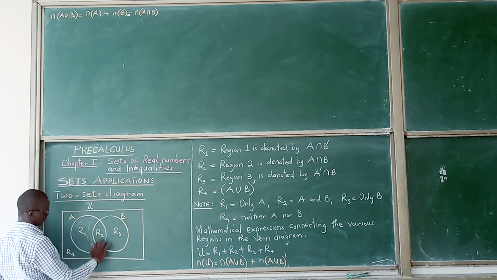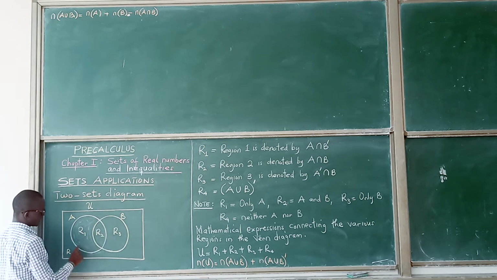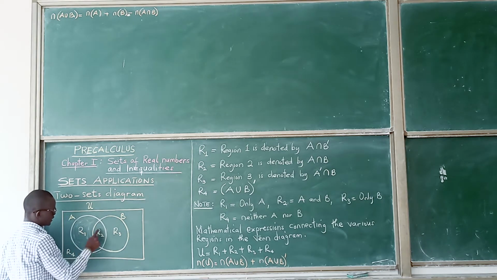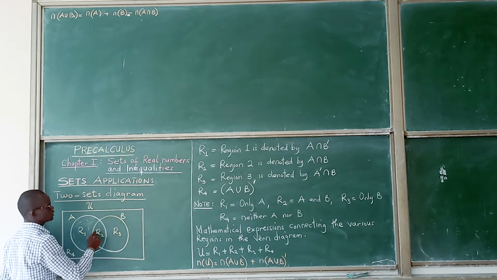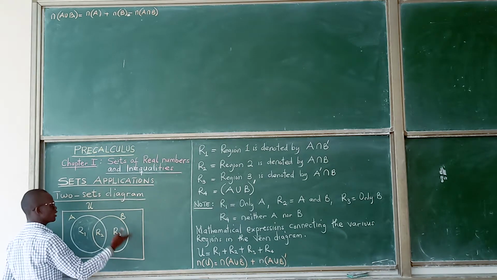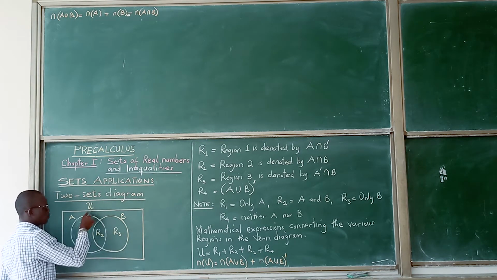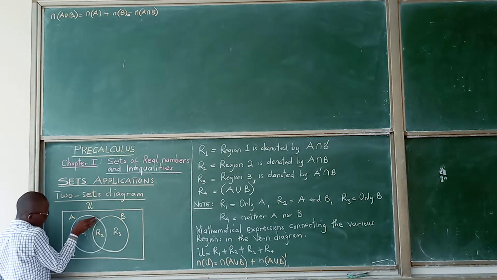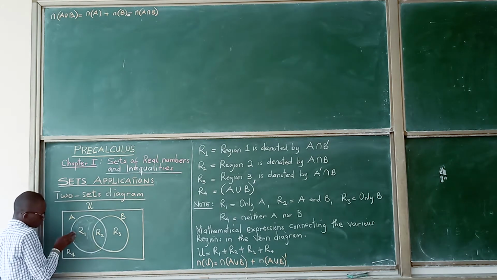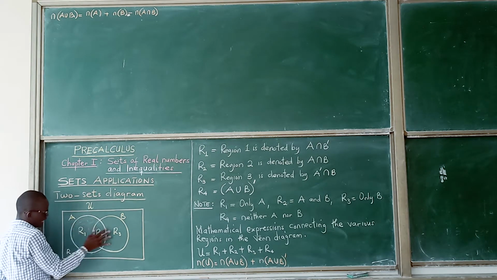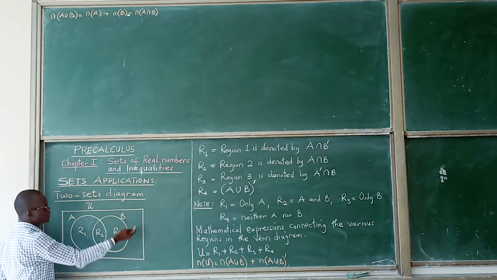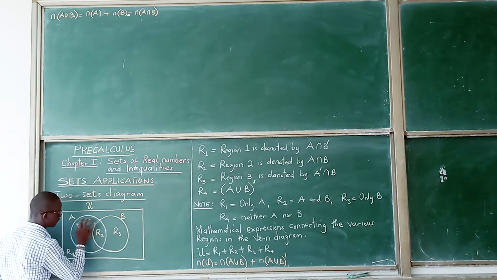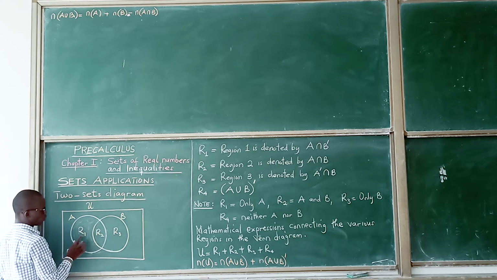This whole white circle is set A. This set A has intersected set B. But whenever you say B prime, it means all of those elements that are in the universal set but are not within B. Because we only want to name this portion and not include set B, we add B prime. So B prime means this circle is not part of this particular region, which is region 1.